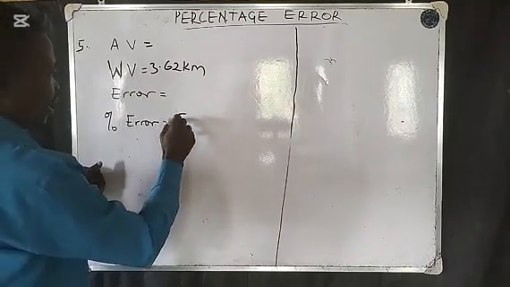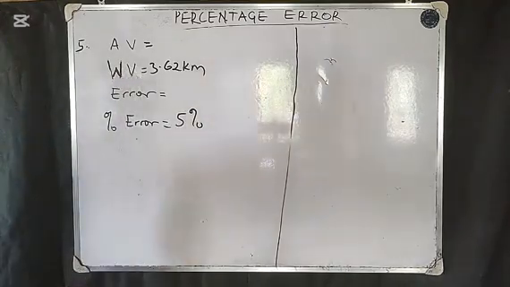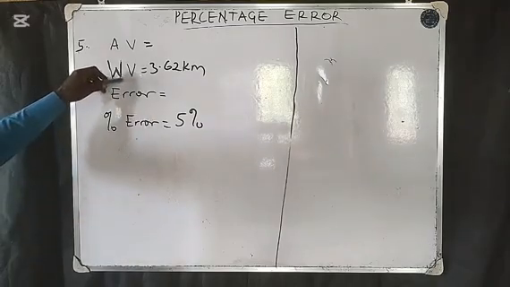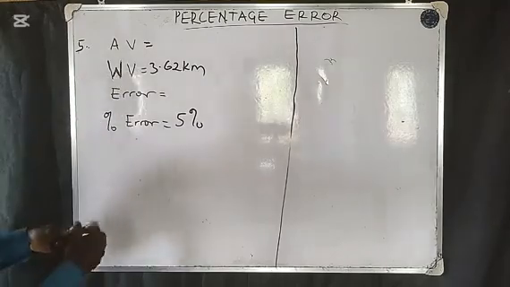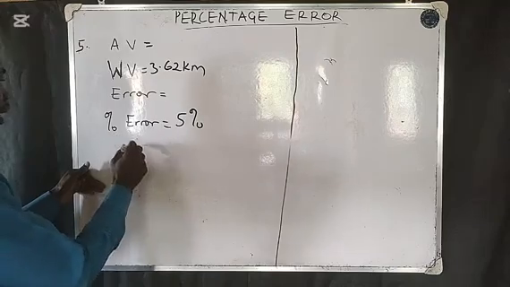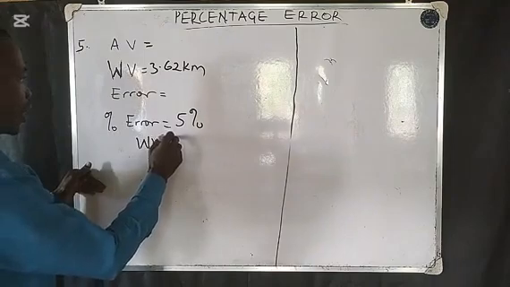Percentage error is 5%, right? What is the actual distance? This time around, we do the same thing we did that time. But since this one is over, this one will be our first value to write. Instead of writing AV minus WV, we write WV minus AV.